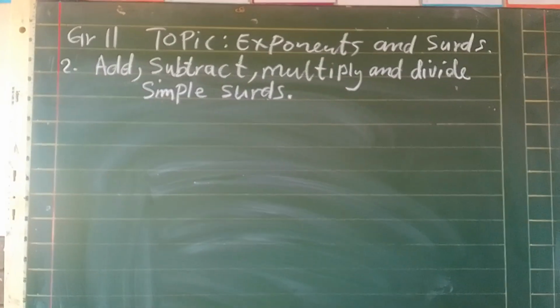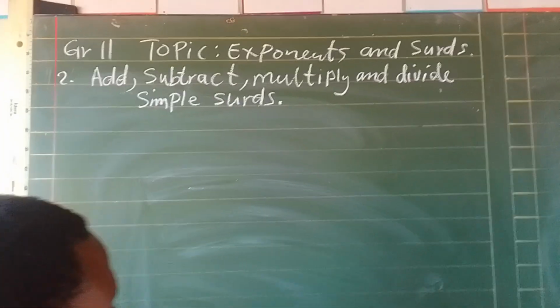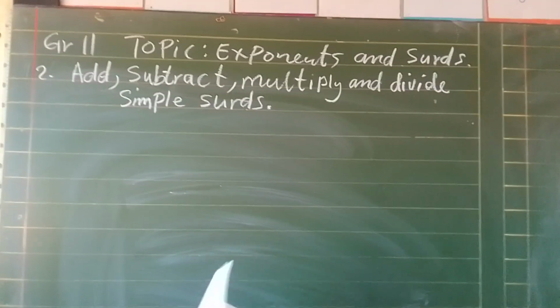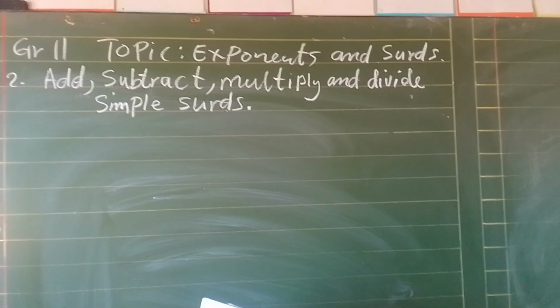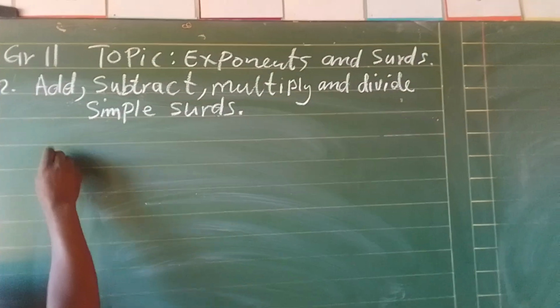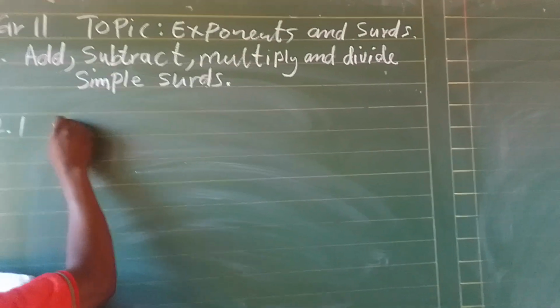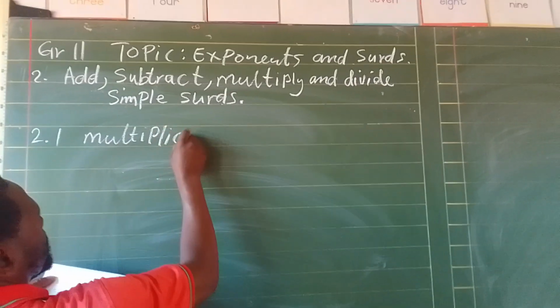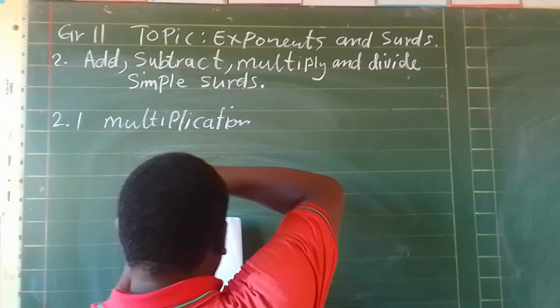Now we're starting with 2.1, the multiplication and division.